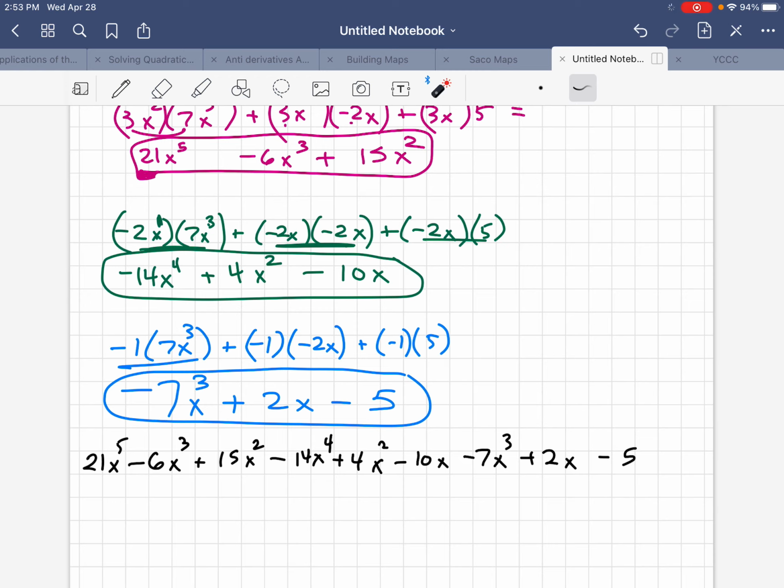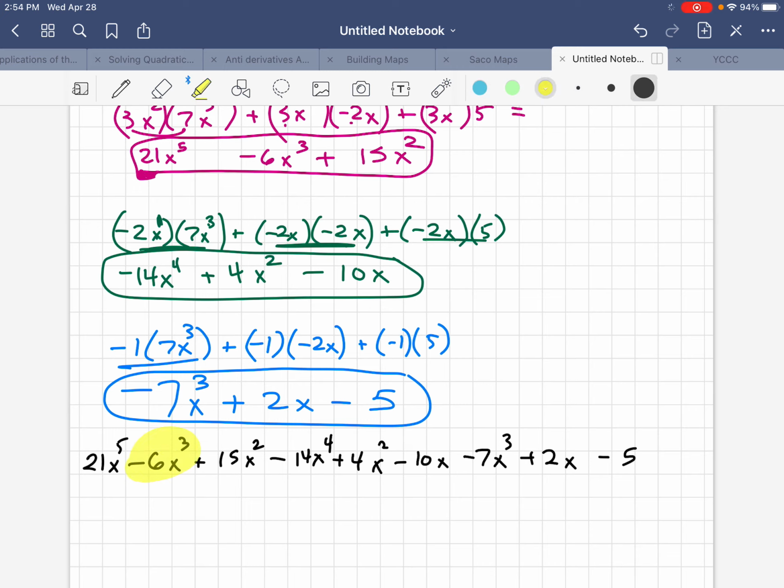Now that's a lot of stuff, right? But what we're allowed to do is combine anything that has the same variable with the same exponent, so I see that there's an x to the third here and an x to the third here, I can combine those into one term. So I like to use the highlighter to kind of do that here.